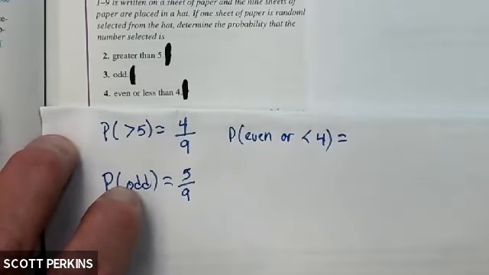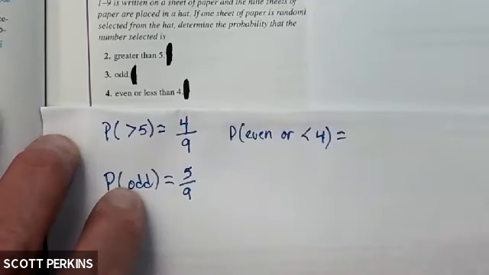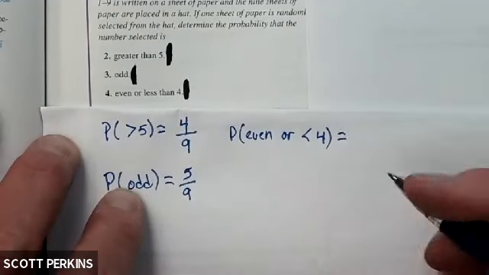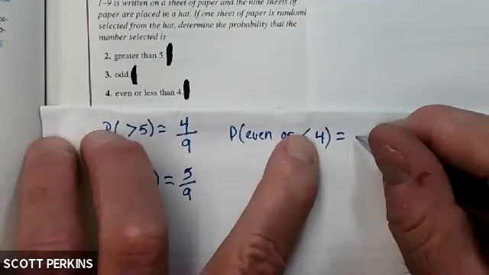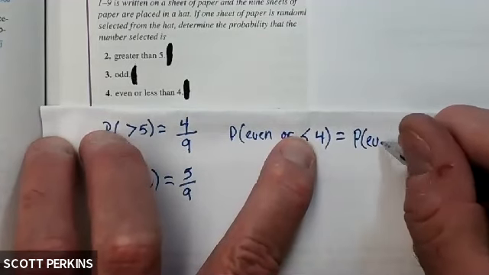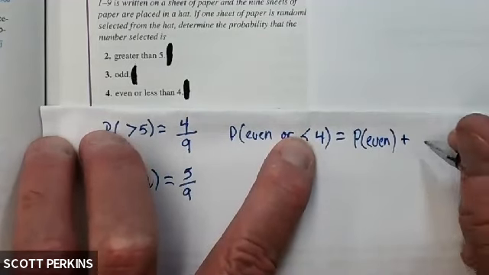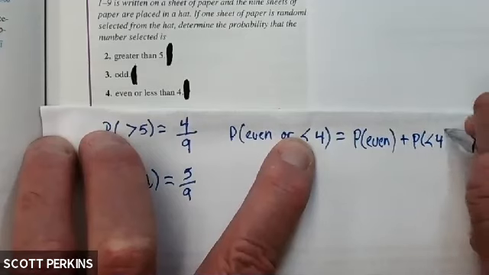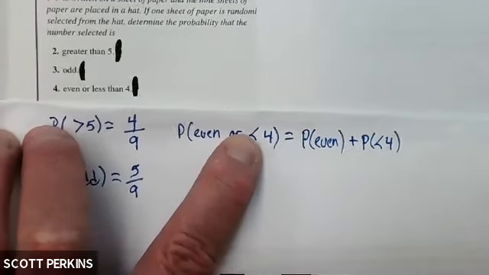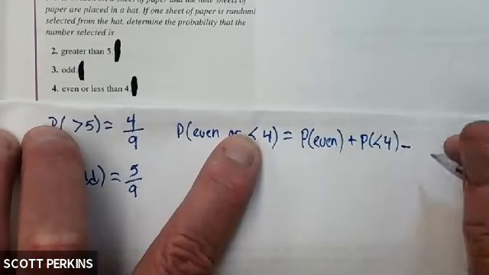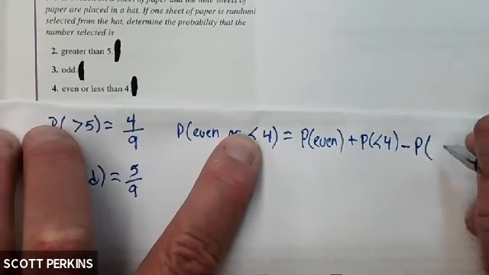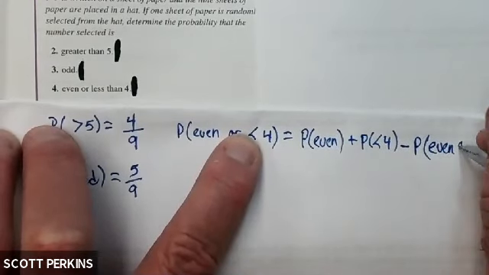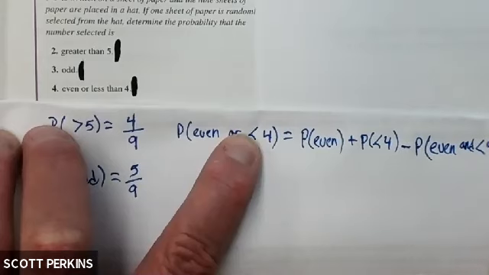Okay, so we're selecting one thing. I want to know what's the probability of the even or less than 4. So remember, the way we do this is we say, okay, what's the probability of an even number plus the probability that the number is less than 4. Then I have to subtract out any duplicates. So I have to subtract out the probability that something is even and less than 4.